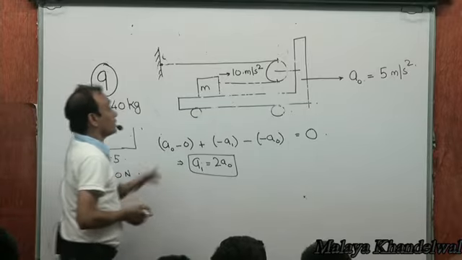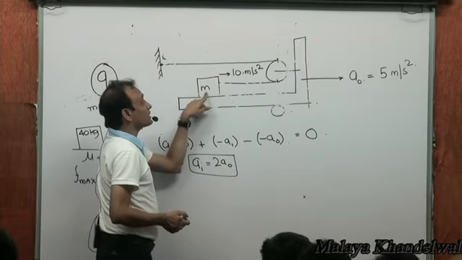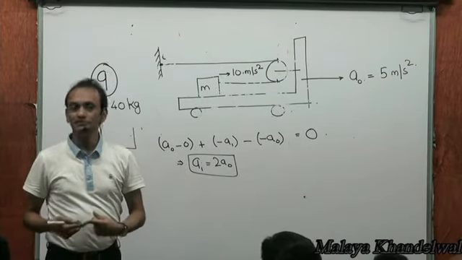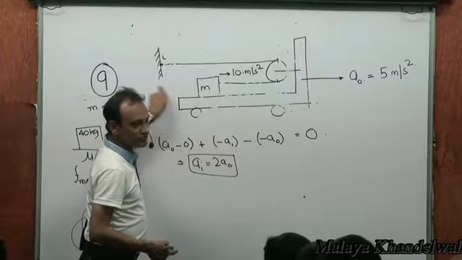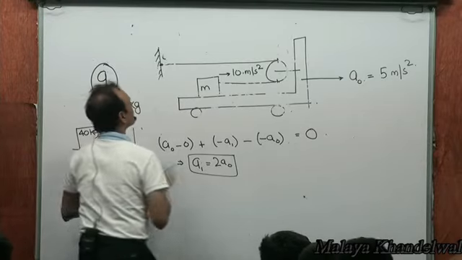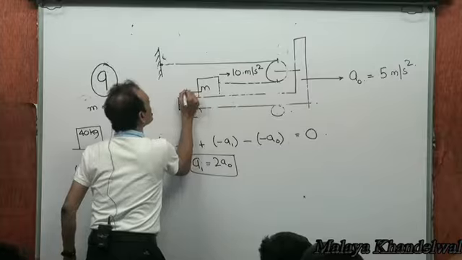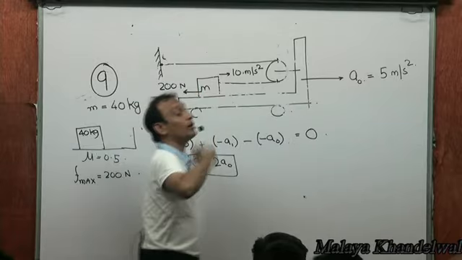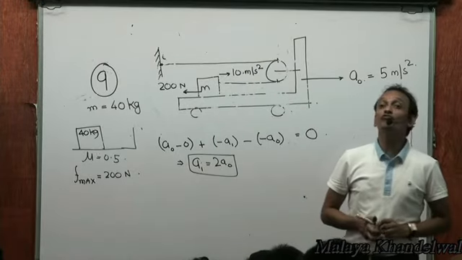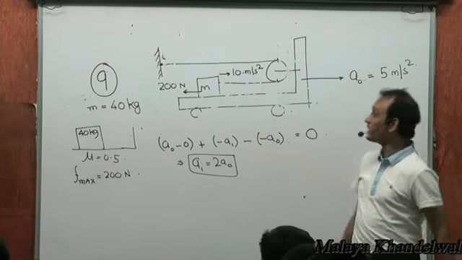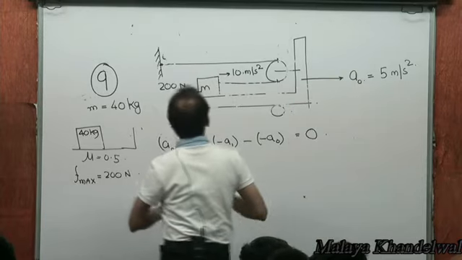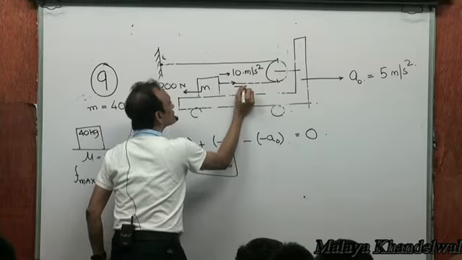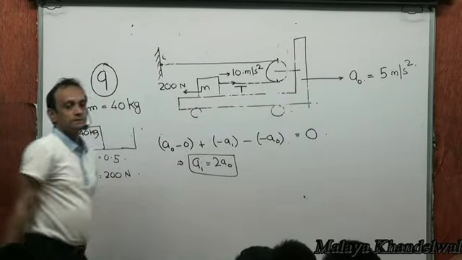Now, will the frictional force acting on small m be to the left or to the right? To the left. Frictional force acting on small m is going to be 200 newtons to the left. Why? Because small m is trying to move faster than the truck, right? Suppose the tension in the string is T units.